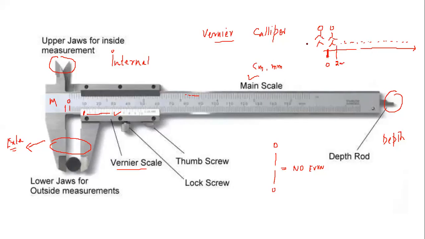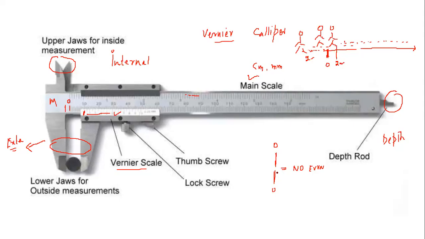Or if one student is standing 2 meters or 1 meter behind the starting point, then for one the distance is, let's suppose, 20 meters, for another it will be 22 meters or 18 meters. So then we have error. If both zeros are parallel, there is no error, but when both zeros are not parallel, the equipment has some error.